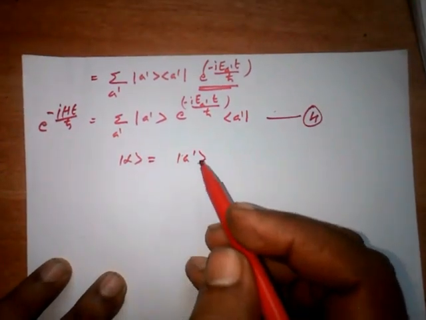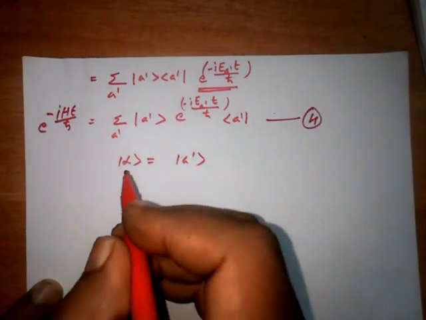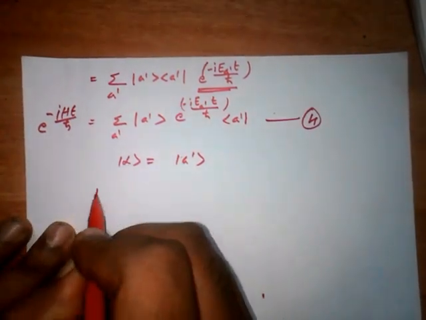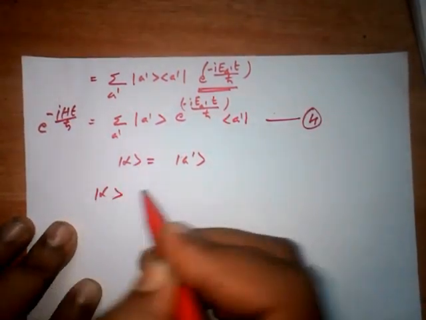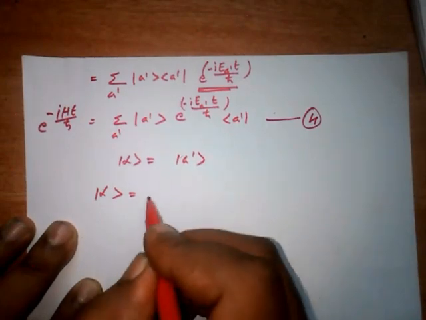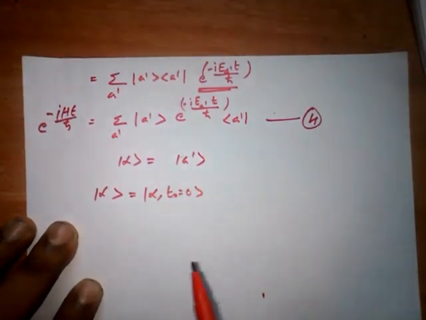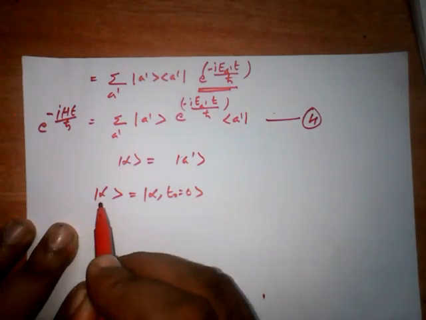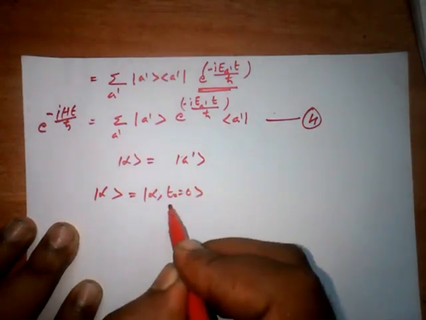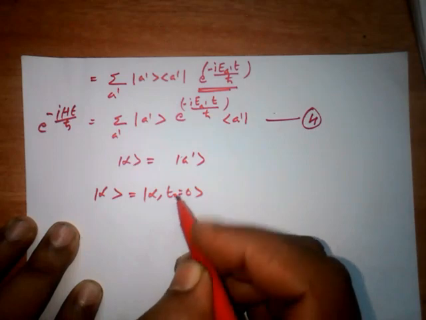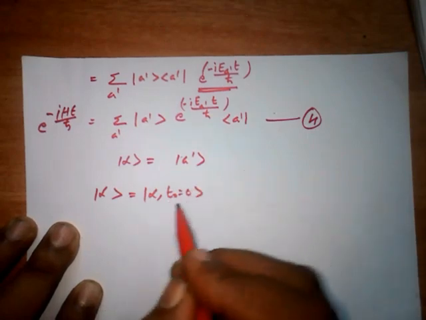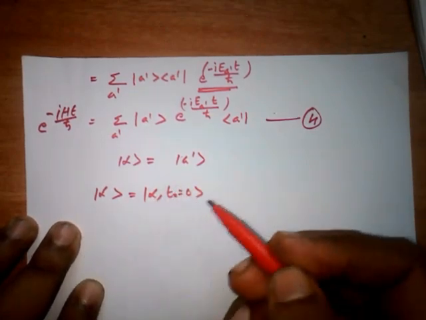For example, we can expand a state ket alpha, that is alpha at t naught equal to 0. Usually here in this quantum dynamics, we used to represent a state ket like this.